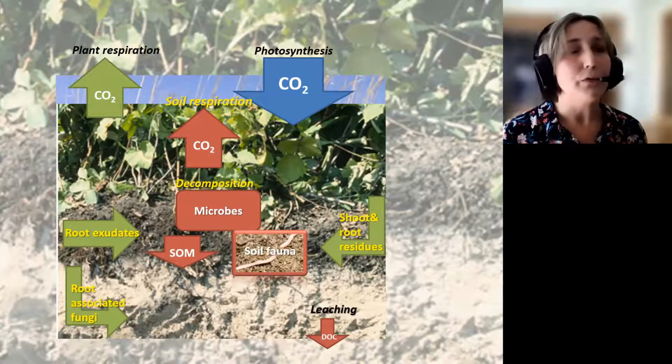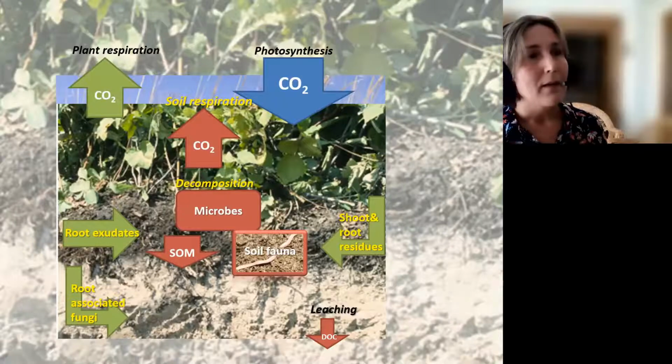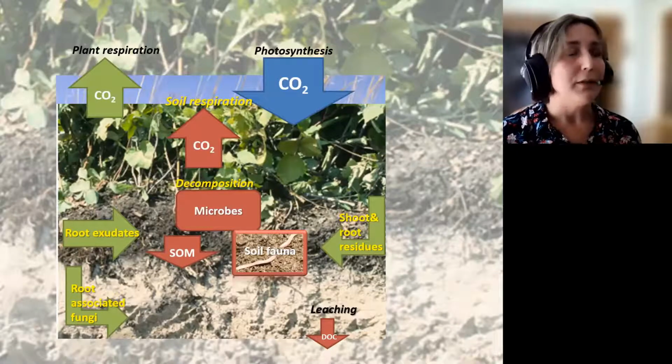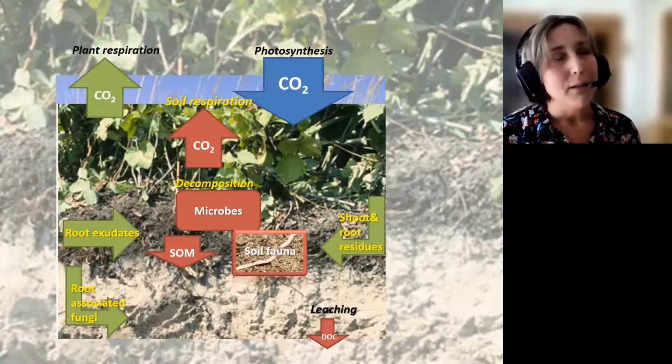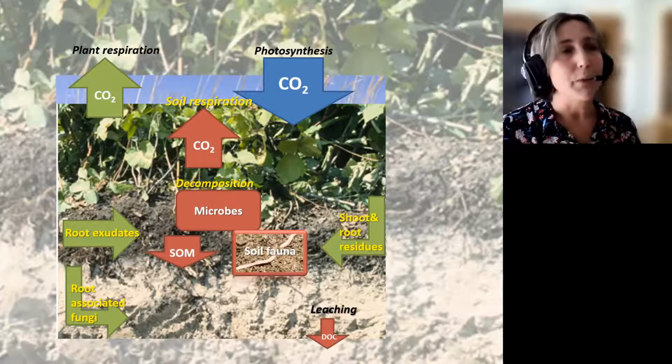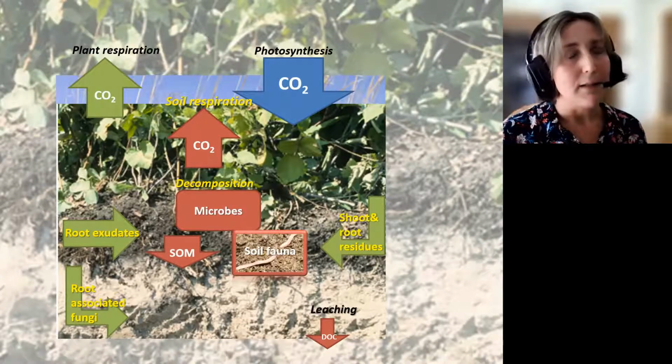They can be leached from the soil layer into the parent materials and into the groundwater potentially. But as compared to losses through decomposition and soil respiration of CO2 into atmosphere, that is a relatively minor source.